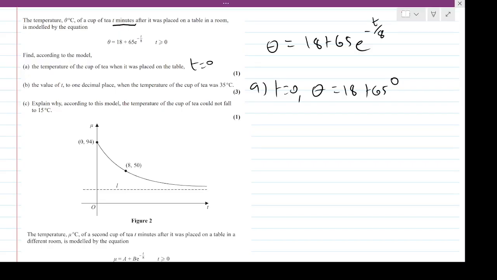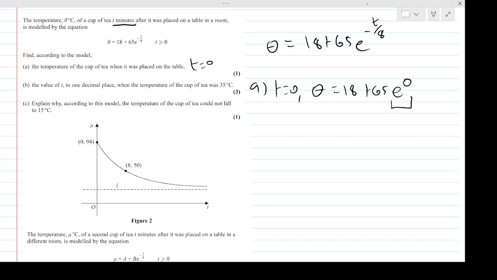Well, e to the 0, anything to the 0 is 1, so that's 18 add 65 lots of 1, which is 18 add 65, which is 83 degrees Celsius. And there we are.